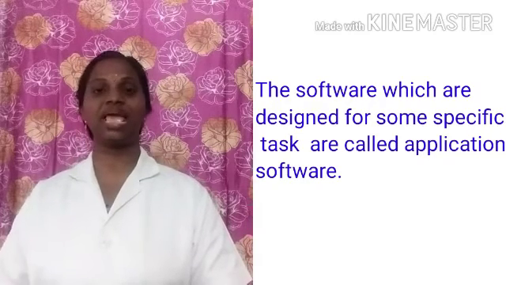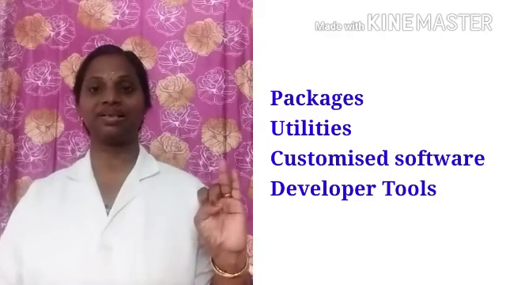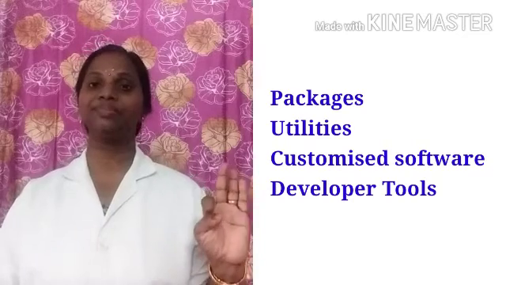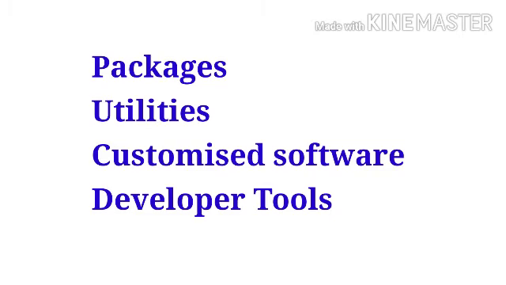Application software is again divided into four: packages, utility software, customized software and developer tools. Out of these, you need to study only utility software. The other three are beyond our syllabus.